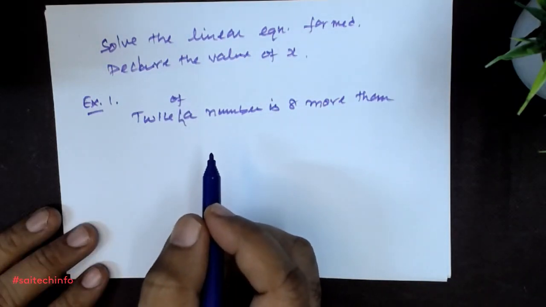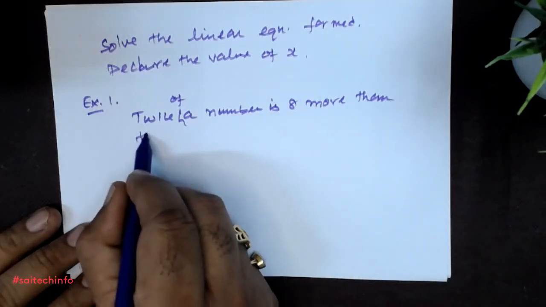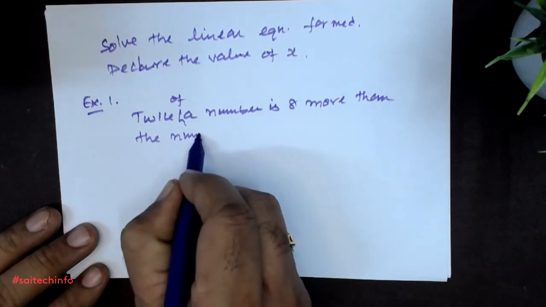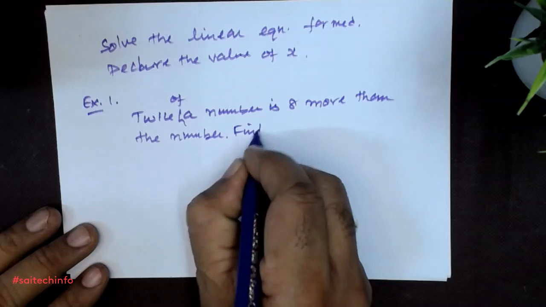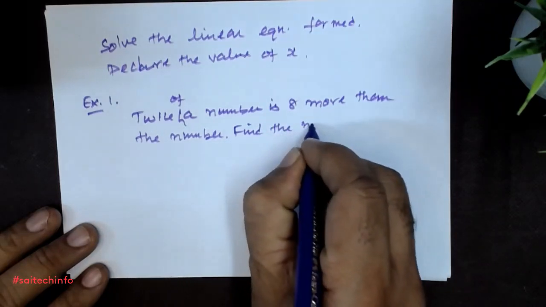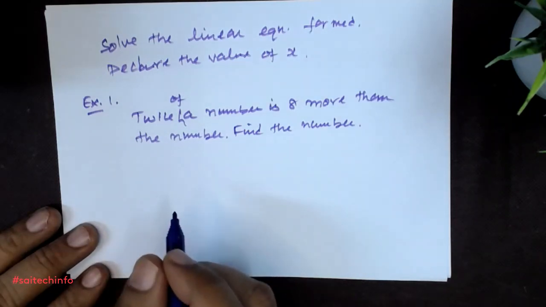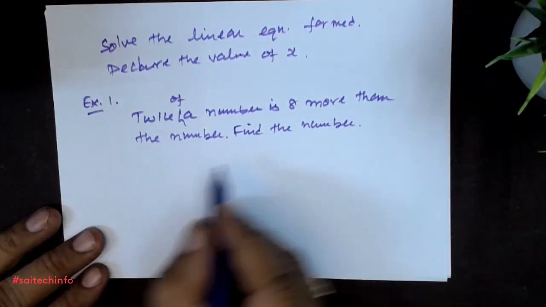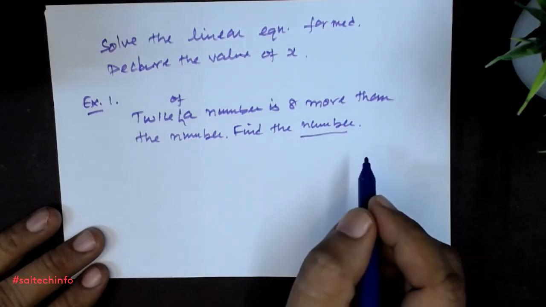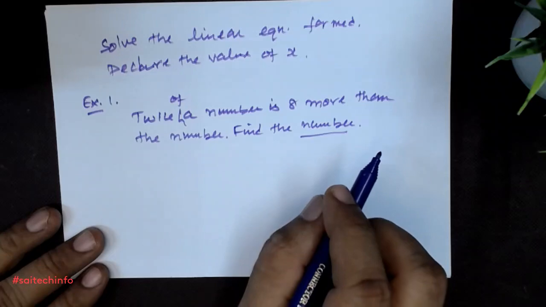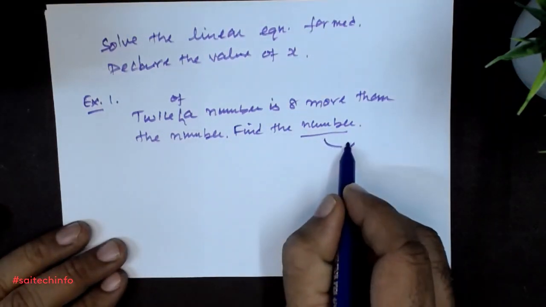Twice of a number is 8 more than the number. Find the number. So here the find the number should be taken as x, is it not? So that should be taken as x.